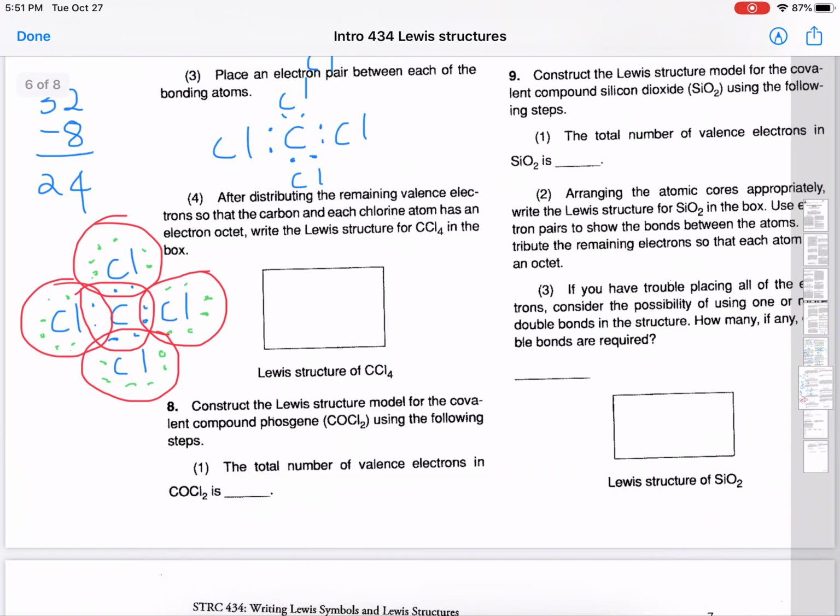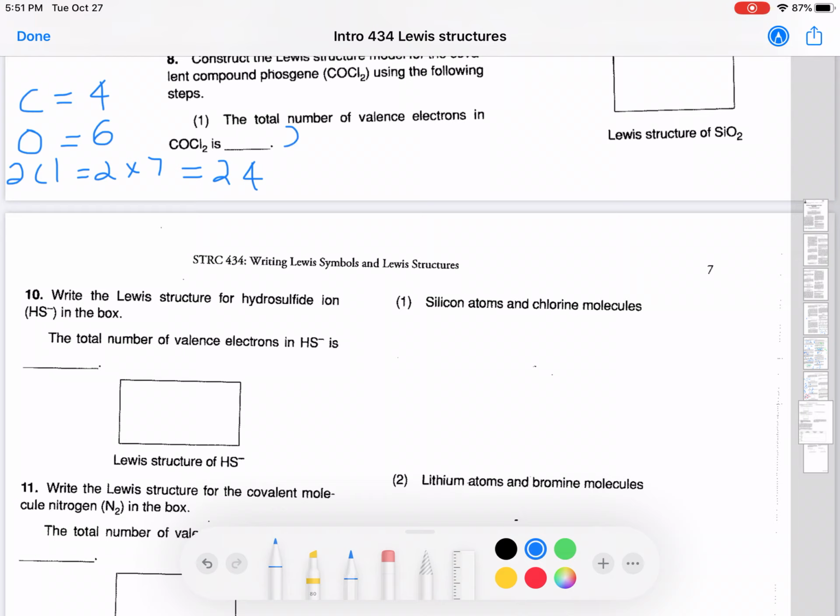There are 2 chlorines, so each chlorine is 7. 7 times 2, 14. So 14 plus 6, 20, plus 4, 24. There are 24 valence electrons in COCl2. Right? And then, what's the next step?